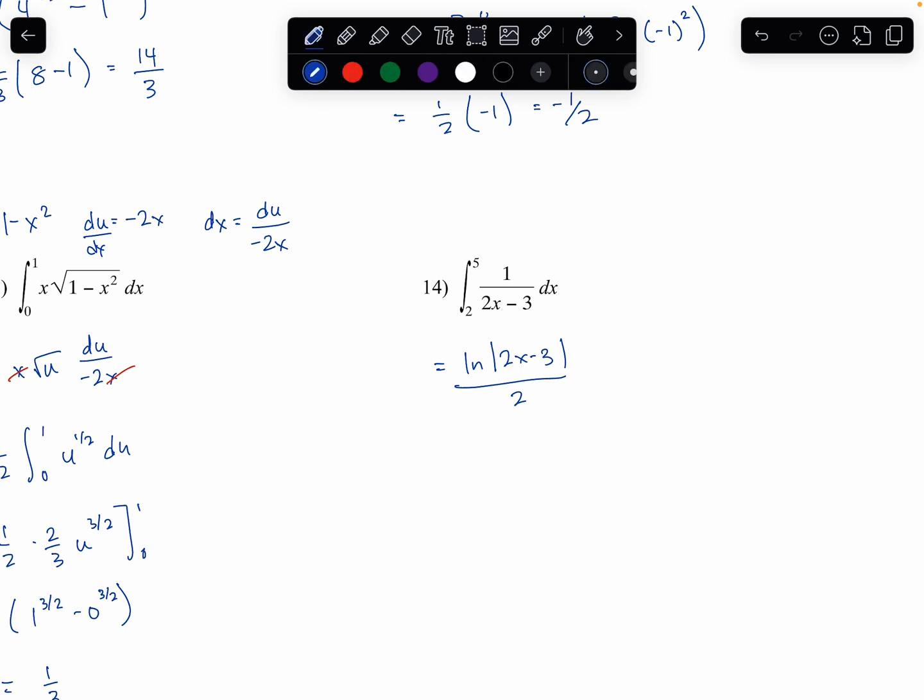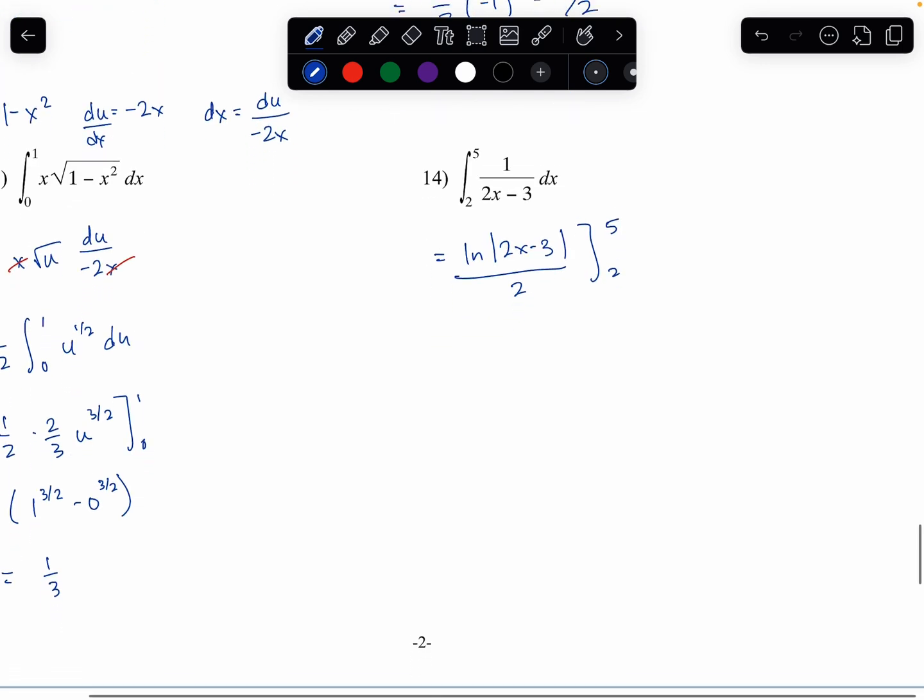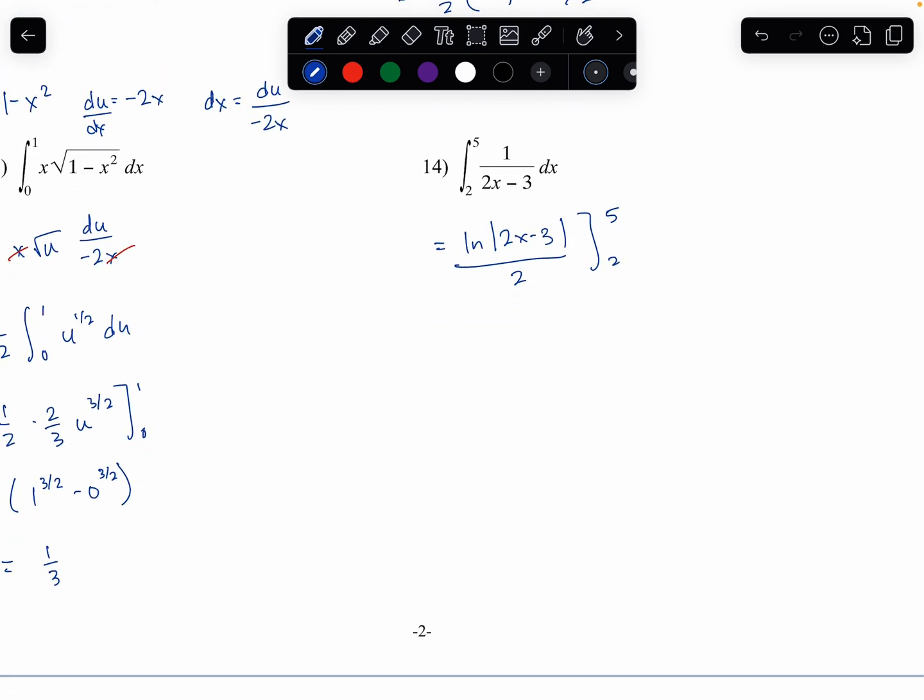But we're evaluating this from 2 to 5. So I'm going to put that 1/2 out here, and then we'll do the natural log, and we can plug in 5. So if I plug in 5, that becomes 10 minus 3, which would be 7.